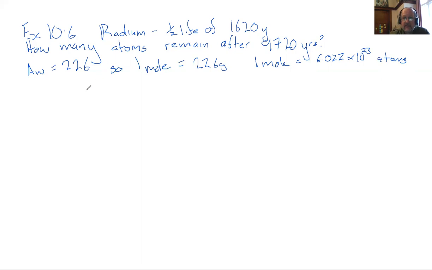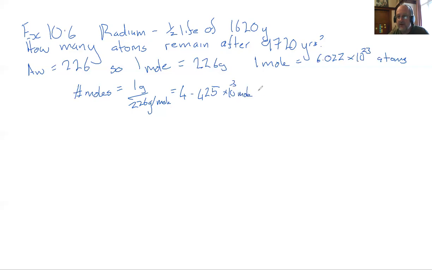So how many moles have we got? Number of moles is going to equal sample, so 1 gram, over 226 grams per mole, which is equal to, calculator time, 1 divided by 226 equals, I make that as 4.425 times 10 to the negative 3 moles.